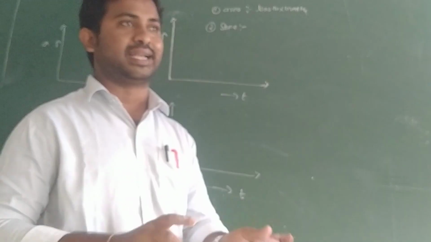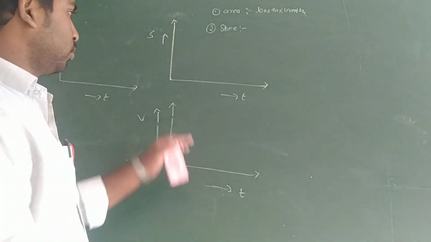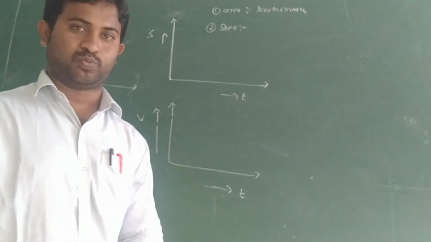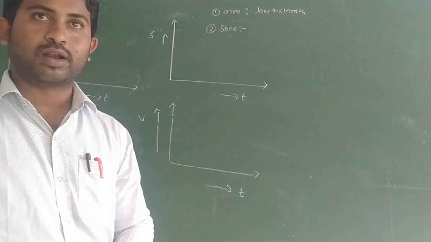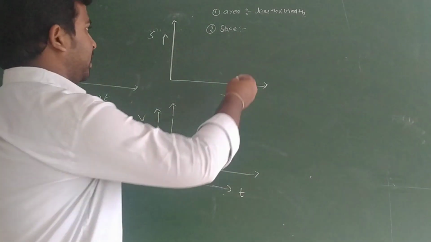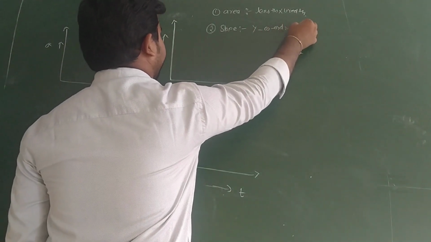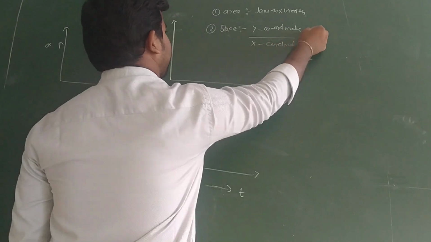How we can calculate the slope for two different lines given in this graph? How we can calculate the slope, and which slope is greater and which is smaller, right? That we can discuss today. Slope is nothing but y coordinate by x coordinate. This is the first method.